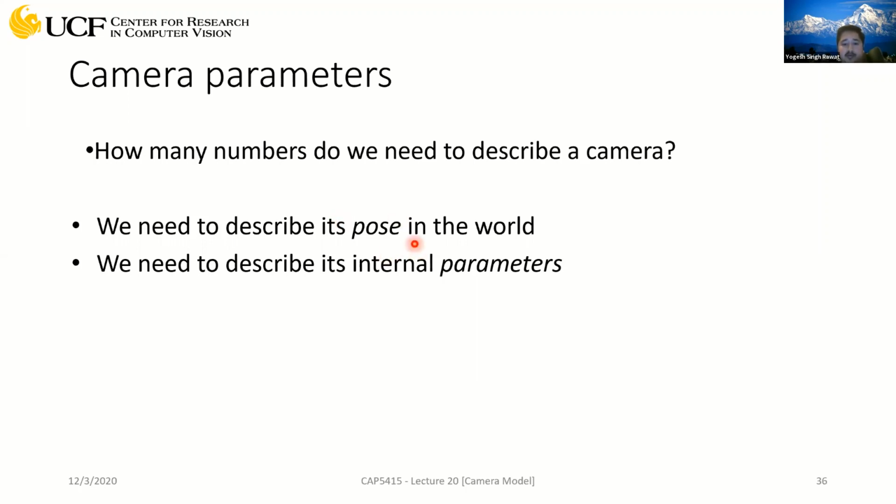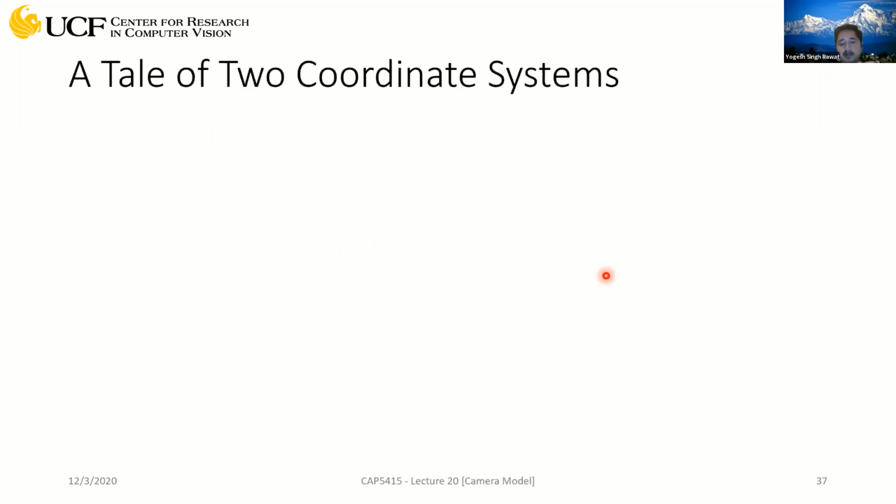So that includes pose. And we also need to describe its internal parameters, such as the focal length, which defines where exactly your images will be projected and what the actual coordinates will be. So we have these two things, which we can represent in the form of a matrix.